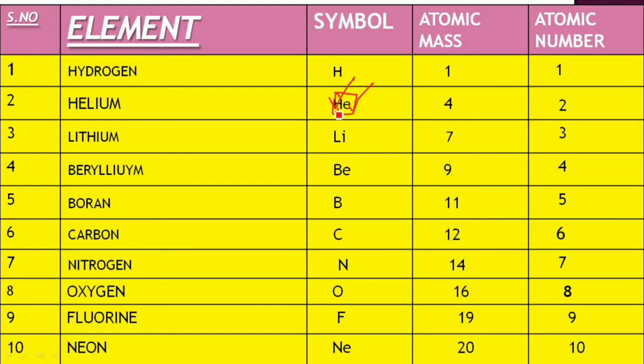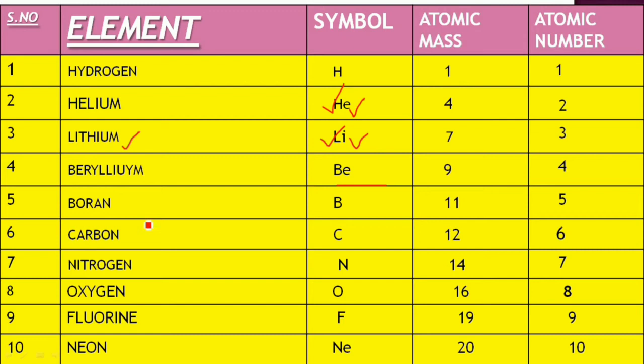For helium, which has two letters, we write the first letter as a capital letter and the second letter as a small letter. Lithium also, the first letter is capital and the second is small, like beryllium also.